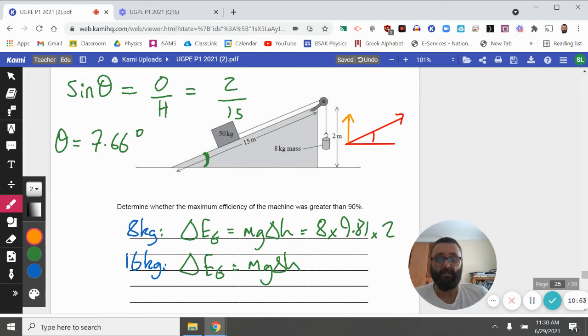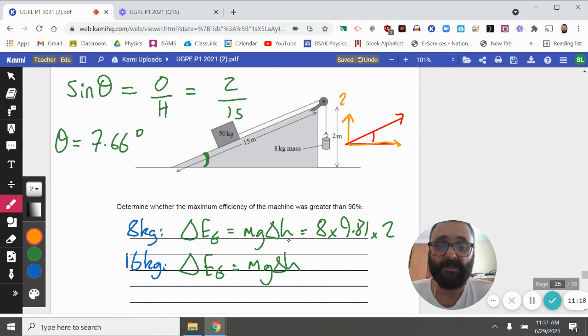That vertical component of displacement is a sine 7.66. The horizontal component will be the cos, because that's adjacent to the angle. The hypotenuse is 2 meters, because it's only moving 2 meters up the slope.